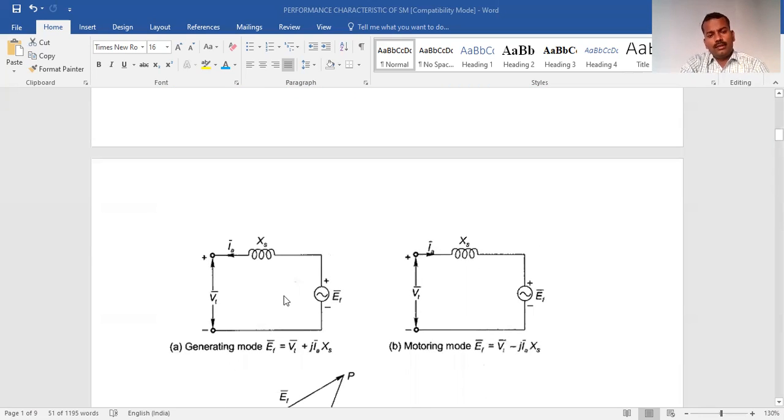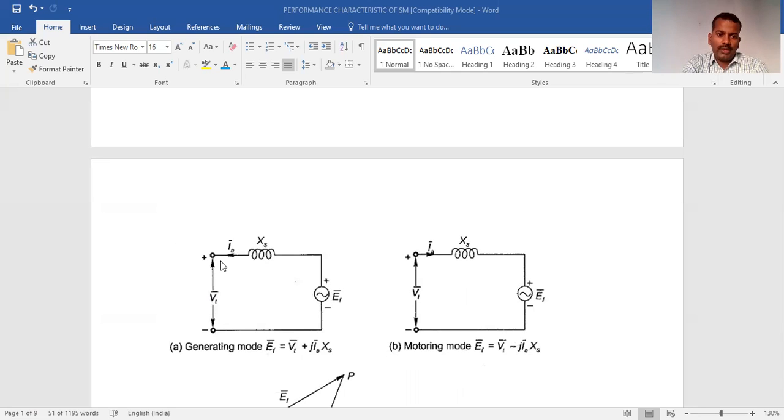This is the circuit diagram of the synchronous machine. This is the synchronous generator, and this is the synchronous motor. We can see here that in generating mode, the current will be supplied and received by the load terminal.